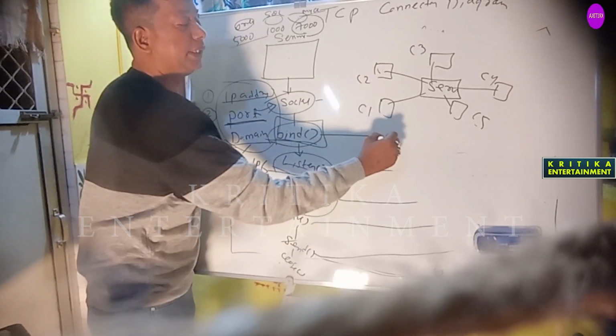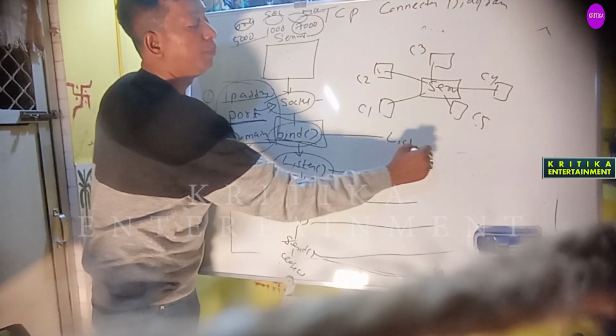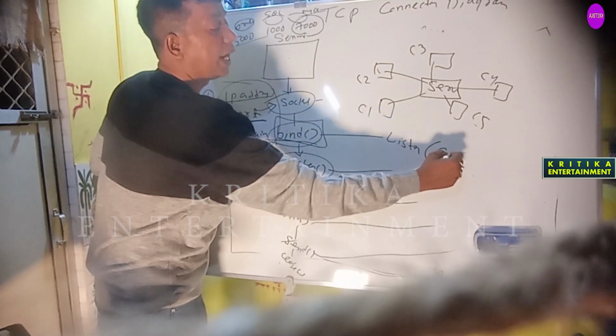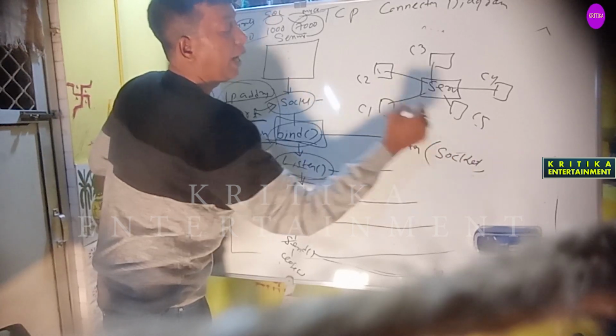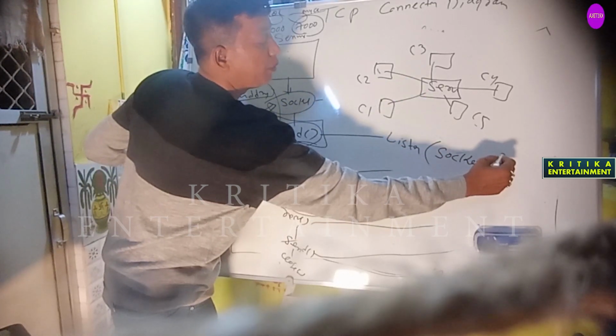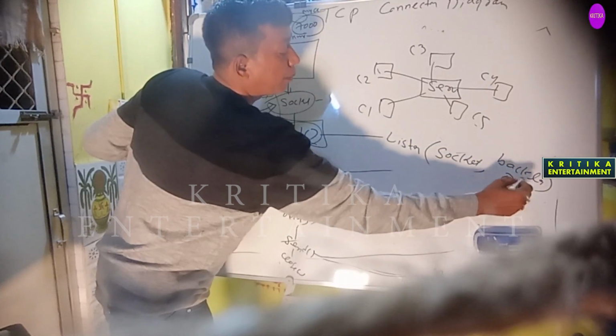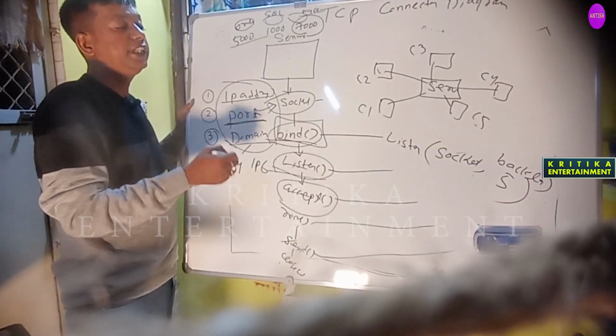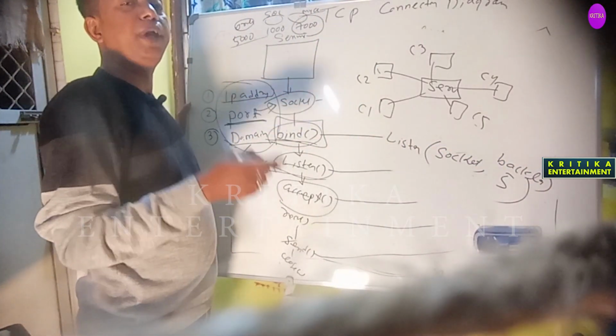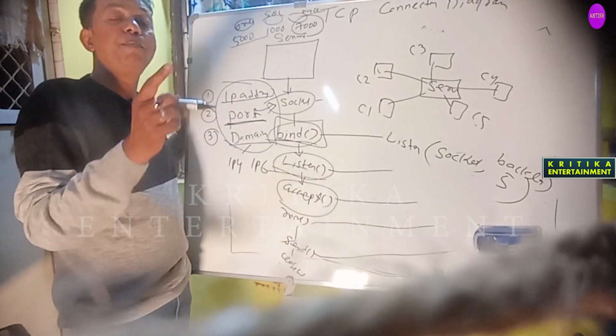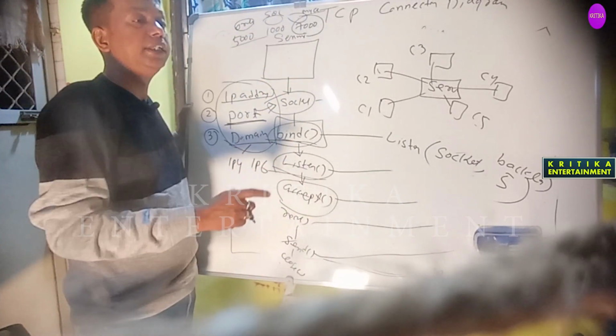So in the listen function you write the socket number and give the backlog. Backlog means how many clients will be needed. That means the listen function is used to make a queue for incoming connection requests from the client side.